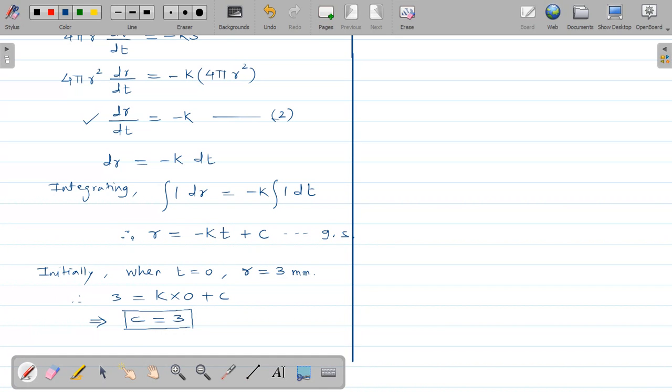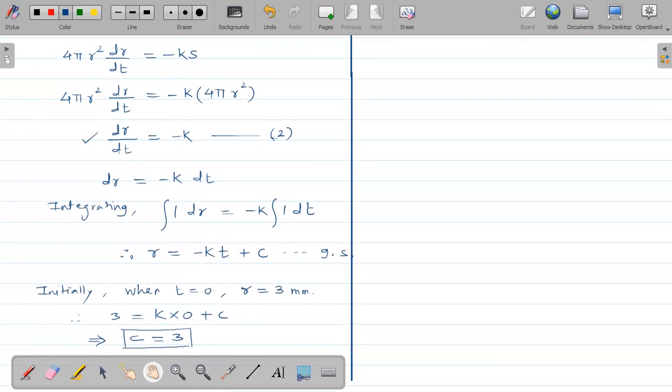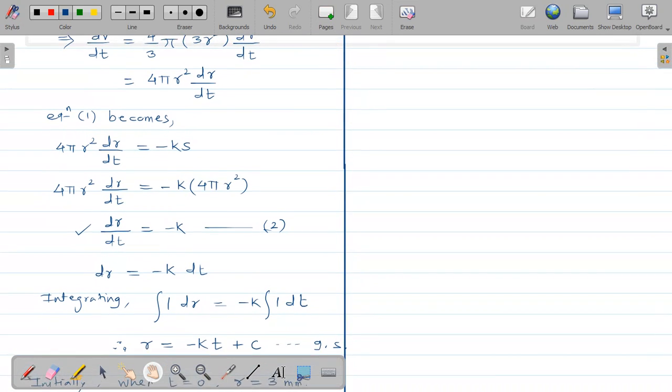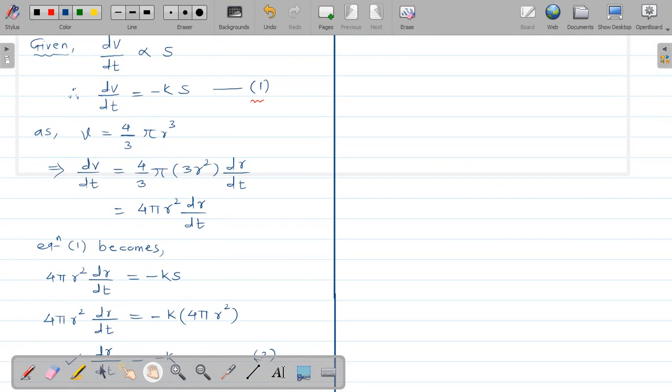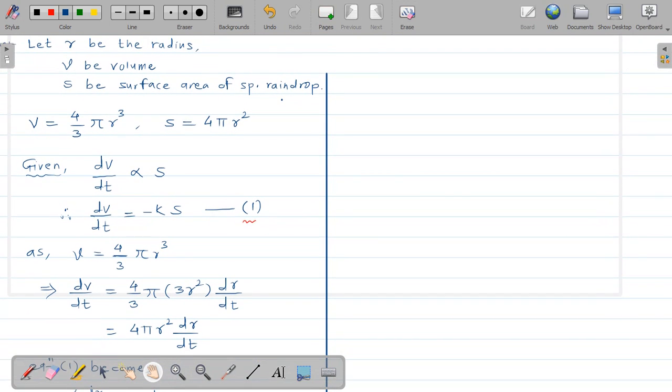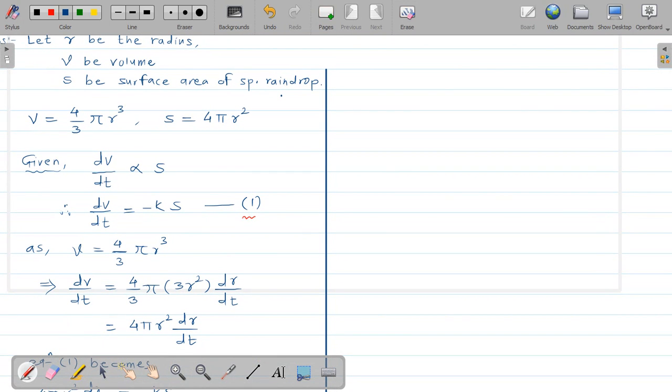Now if you rewrite the general solution, you can convert it into the particular solution. Hence we get r is equal to minus kt plus 3, and this is very important. This is called the particular solution. Say this is equation number 3.